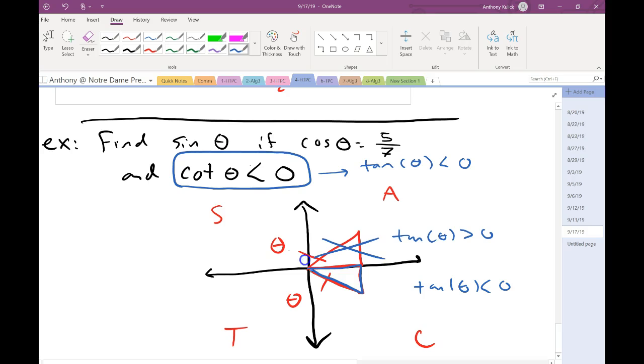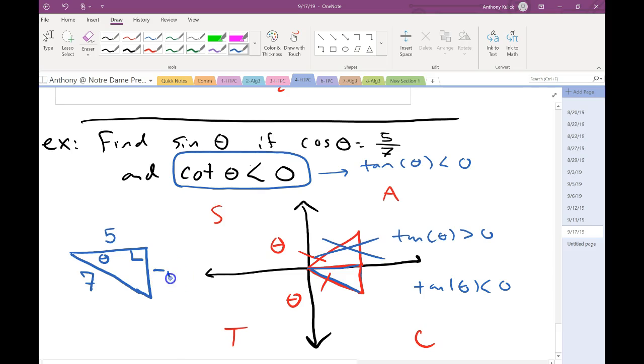So I'm looking at this triangle. Since I know that cosine of theta is 5/7, I know the adjacent side is 5 and the hypotenuse is 7. And since we're in the fourth quadrant, I know that the other side that corresponds to the y-coordinate, the vertical side, needs to be negative.